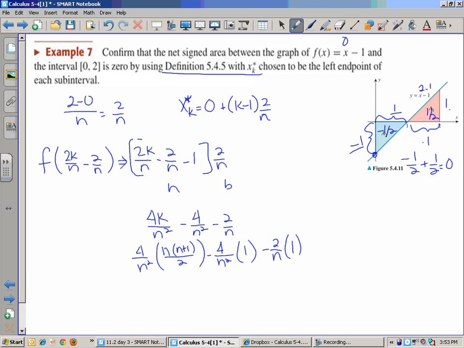Those are my formulas. If I do that, then I end up with 4n squared over 2n squared plus 4n over 2n squared, minus 4 over n squared, minus 2 over n, and that would be 1 over n times 2 times 1.